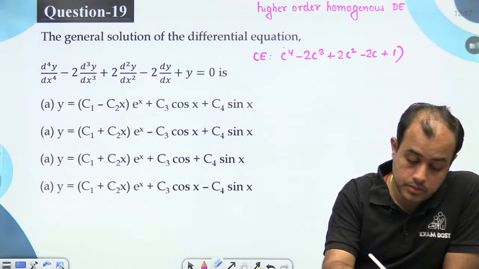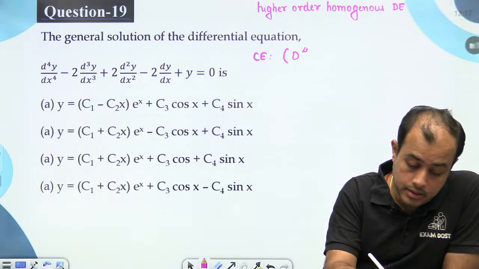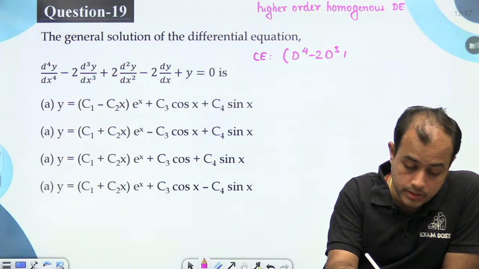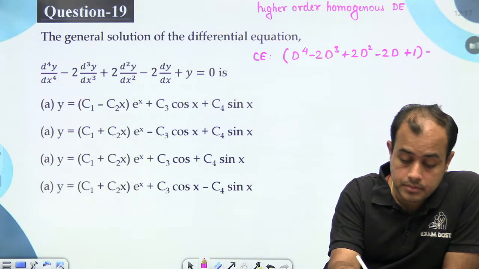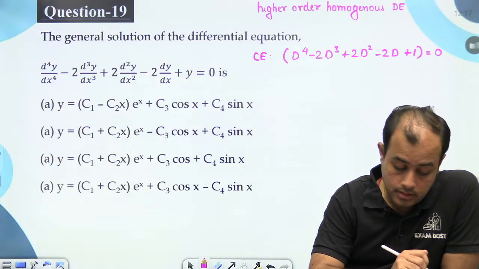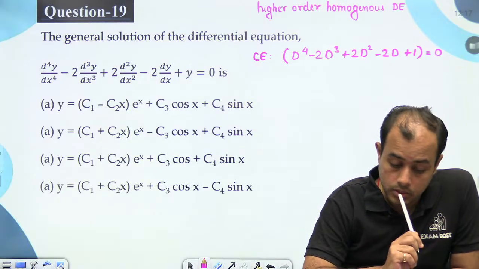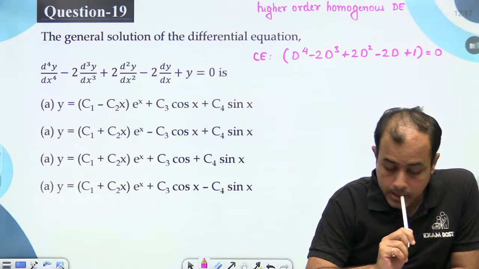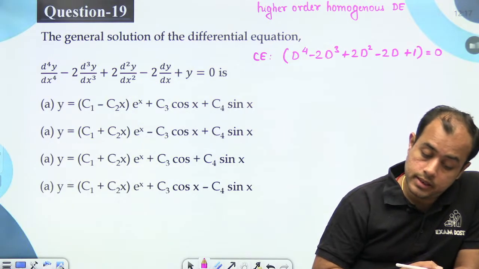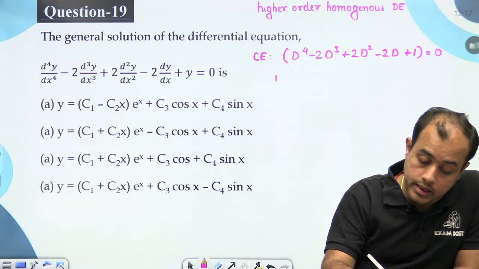Instead of C, I will write D: D⁴ − 2D³ + 2D² − 2D + 1. Now what we can do is, D equal to 1 will satisfy. D equal to 1 is a root.